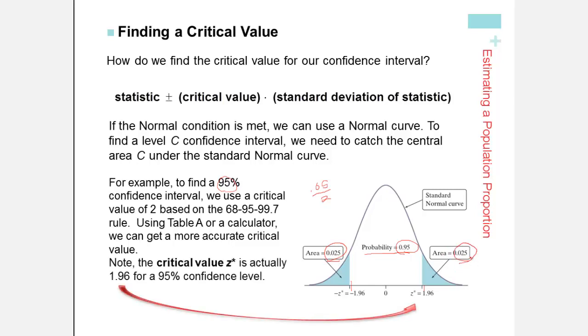If I use table A at the front of the book, I would note that my critical value z star is actually 1.96 instead of 2. This is a more accurate measure for a 95% confidence interval and therefore we will use this 1.96 versus the 2.